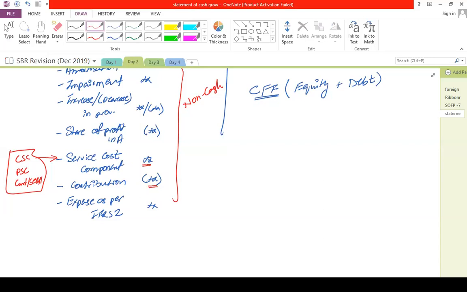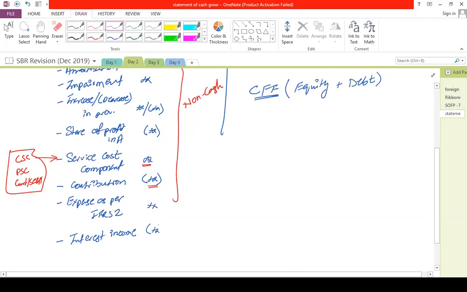Now, apart from non-cash expenses, there are some non-operating items as well, which we also need to reverse. For example, if the company is earning an interest income, the interest income might be in the form of cash, but that's not an operating activity.